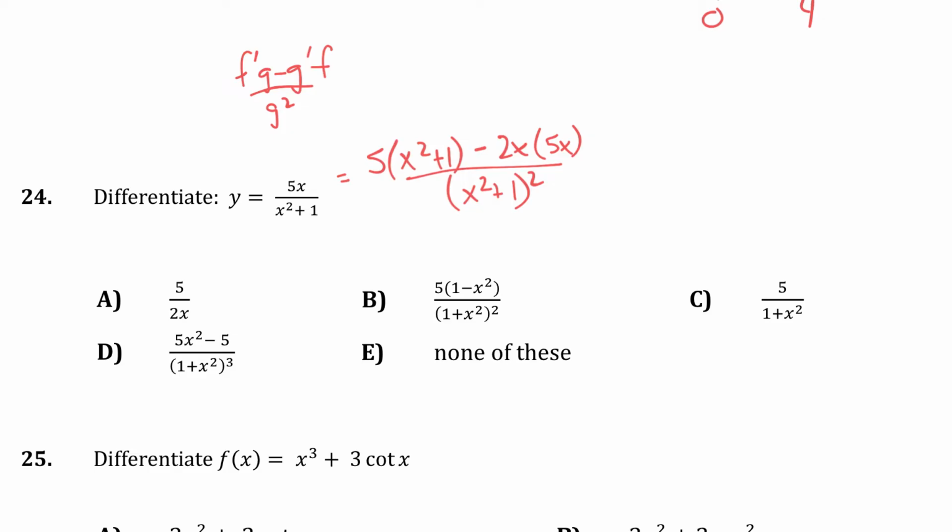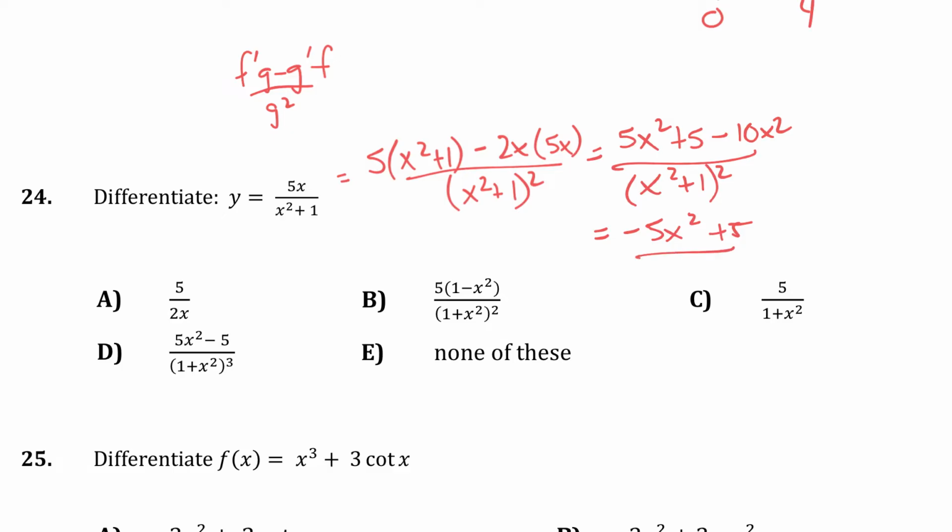Maybe when I'm looking at all this, b is looking like the answer right off the bat, because it's the only one that has the same denominator, right? But I'll play along here. This is going to be 5, distributing the 5, x squared plus 5 minus 10x squared all over x squared plus 1, and that whole thing is squared. And so combining like terms, that's negative 5x squared plus 5 over x squared plus 1 squared.